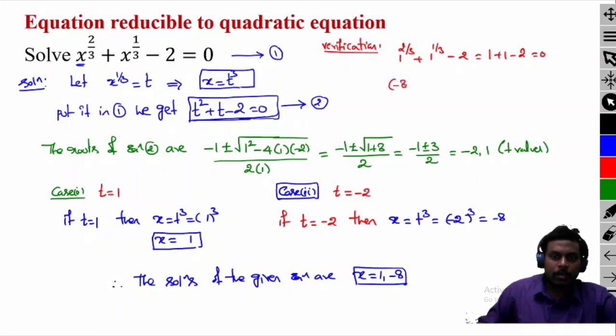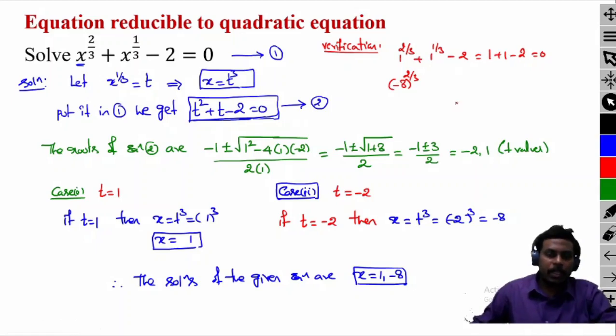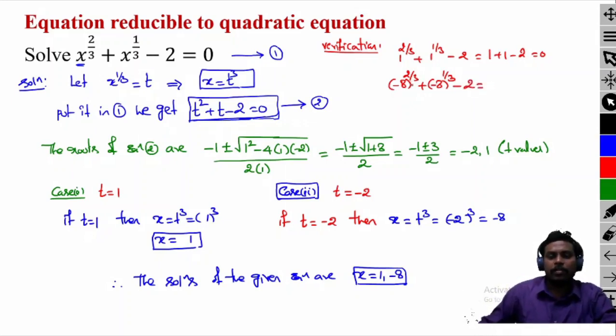Now to check whether -8 is a solution, we plug in -8: -8 whole to the power 2 by 3 plus -8 whole to the power 1 by 3 minus 2. So -8 whole to the power 1 by 3 is -2.